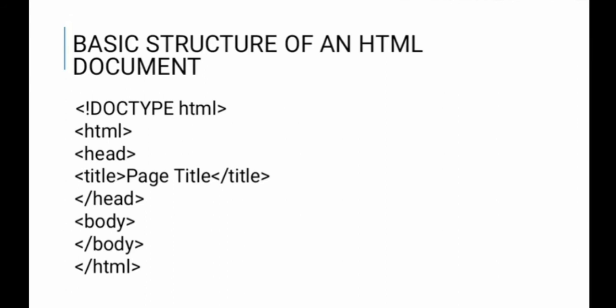Next is the opening HTML tag. It is the root element. An HTML document is mainly divided into two parts, that is, the head and the body. Head contains information about the HTML document's title and metadata, and body contains everything that we want to display on the page.